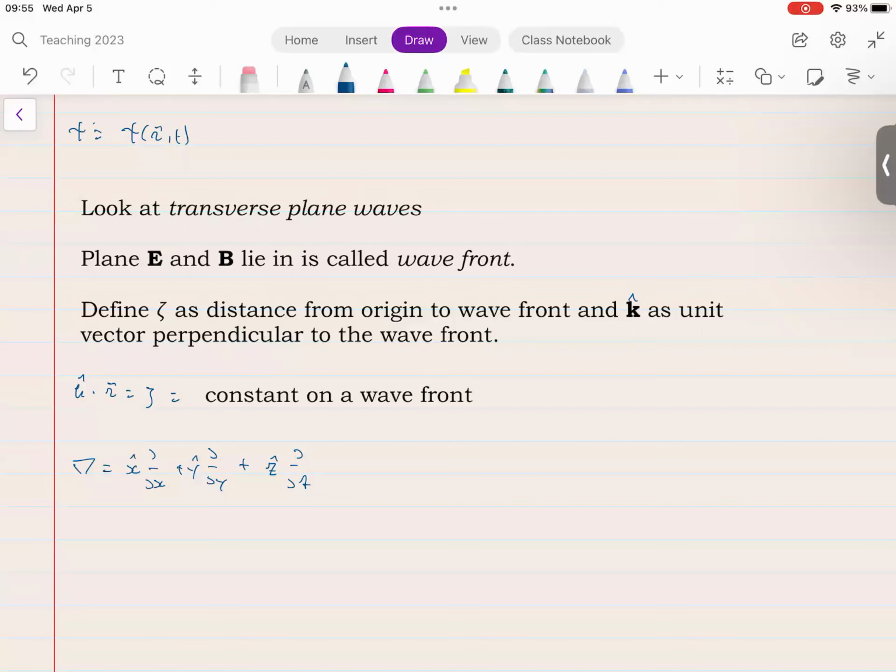Okay, now that allows us to see that if we look at the way the wave really behaves, we realize that that's actually a one-dimensional wave because of the direction it propagates in.